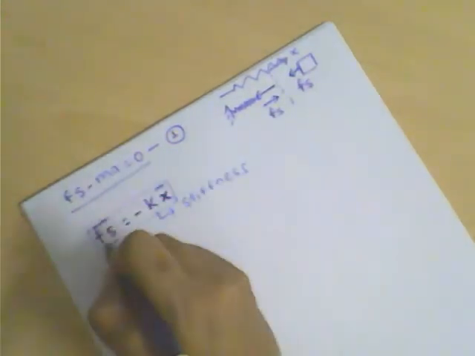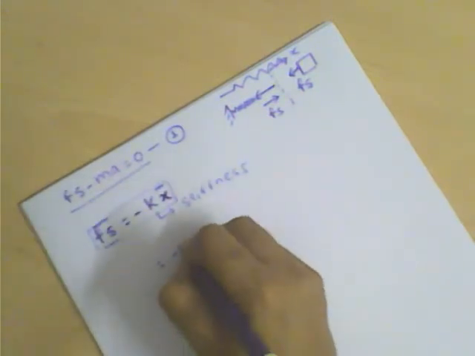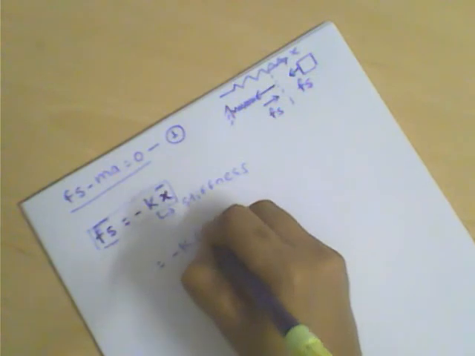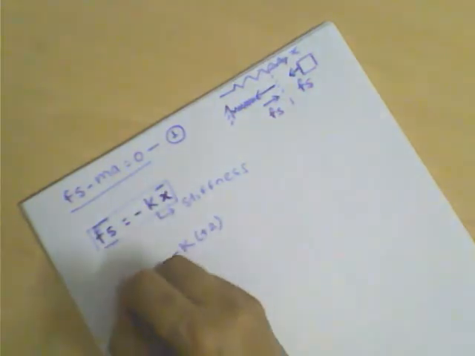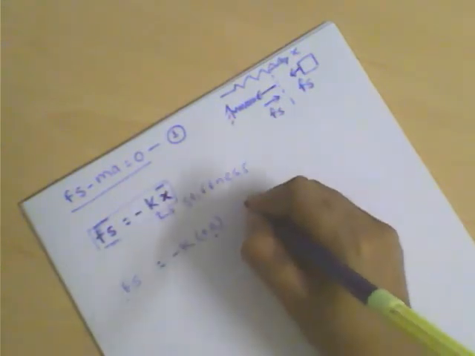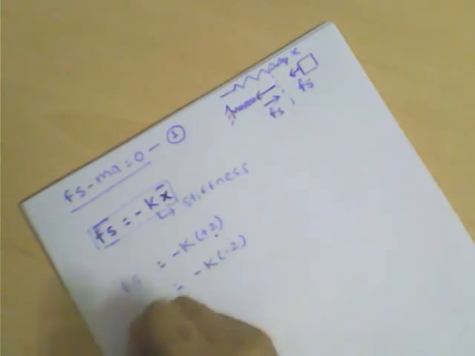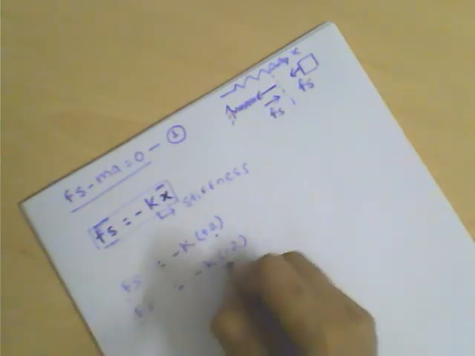Here again you don't have to explicitly write down the sign of x and the sign of Fs. The signs are already there. If you put x as plus 2, accordingly you will get Fs as a negative value. If you put x as minus 2, you will get Fs coming out to be a positive value.